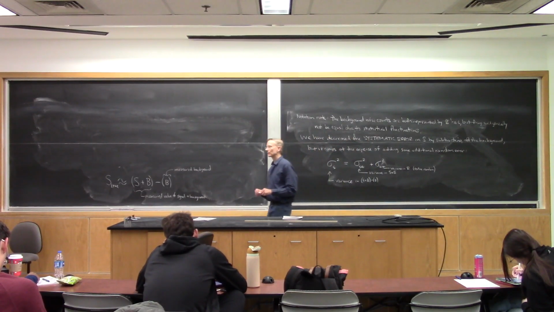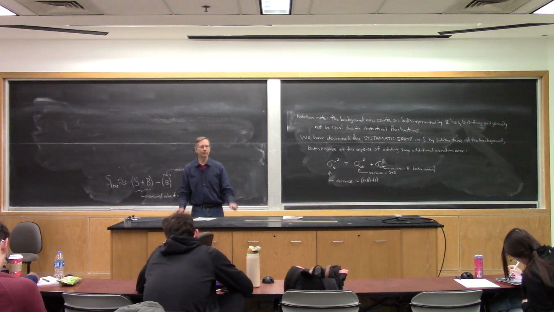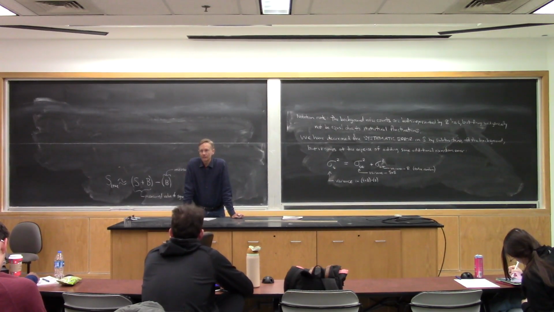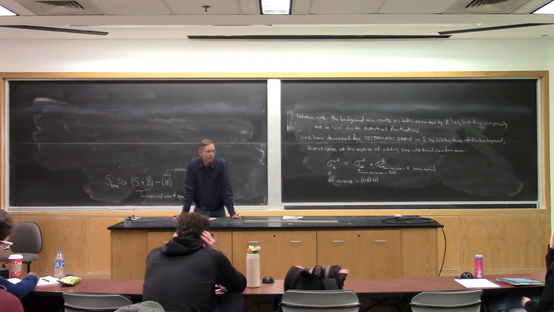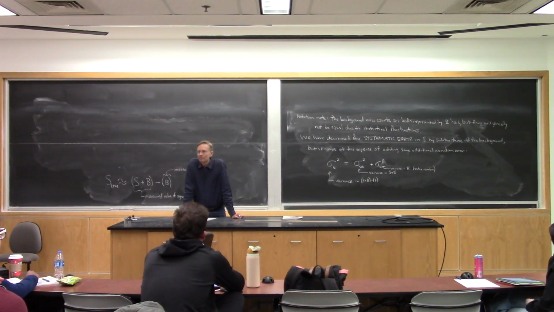Or put another way, what is sigma itself for S plus B? If I have S plus B counts, and it's a random Poisson statistical process, what is its variance? The variance in Poisson statistics is what? Square root of S plus B.